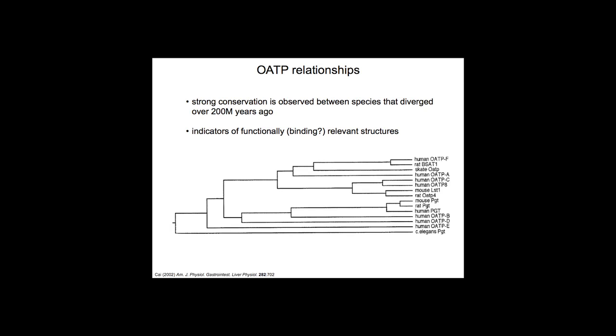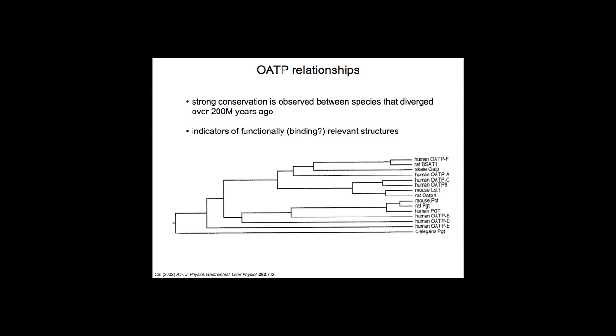You probably know that's the Mesozoic, and in that era, we saw a fairly large speciation explosion taking place. So across organisms, certainly within the mammals, we see sequence relationships between the organic ion transporting proteins, with the most divergent species, of course, being between the mammals and C. elegans, for example.